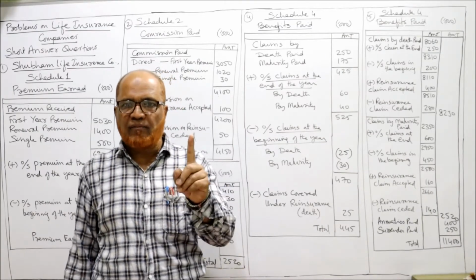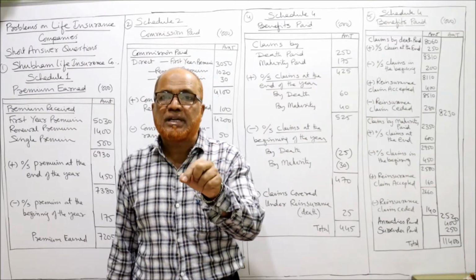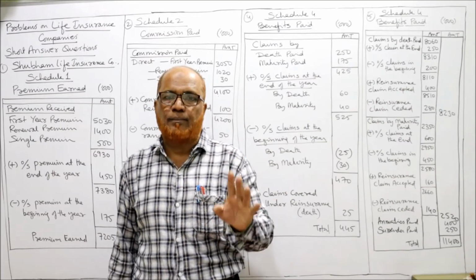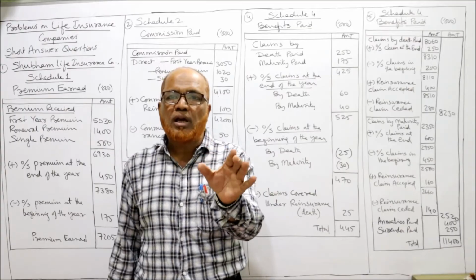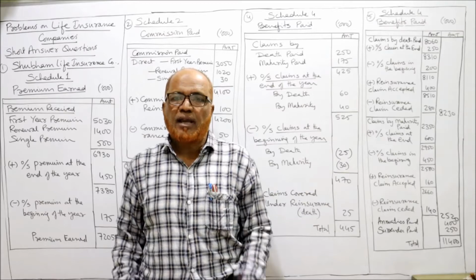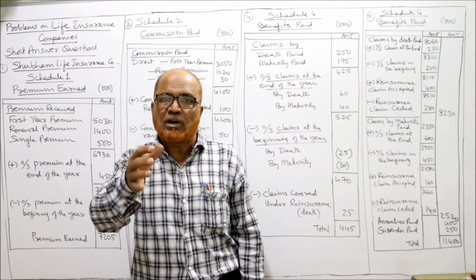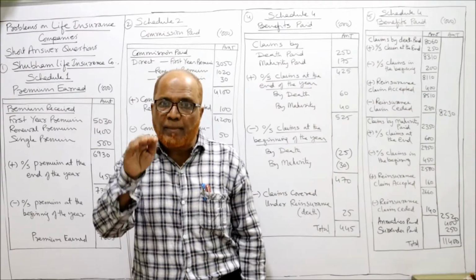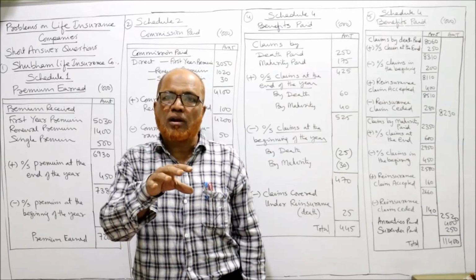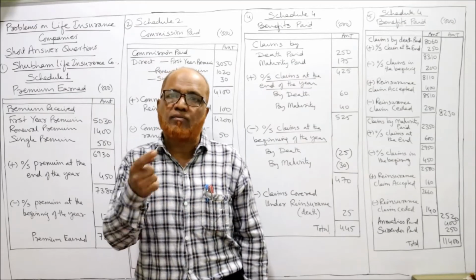Now you have to remember only one thing. Commission on reinsurance accepted should be added and commission on reinsurance ceded should be subtracted. Commission on reinsurance ceded is income for the insurance company, therefore subtract it, and commission on reinsurance accepted is expenditure, that will be added.